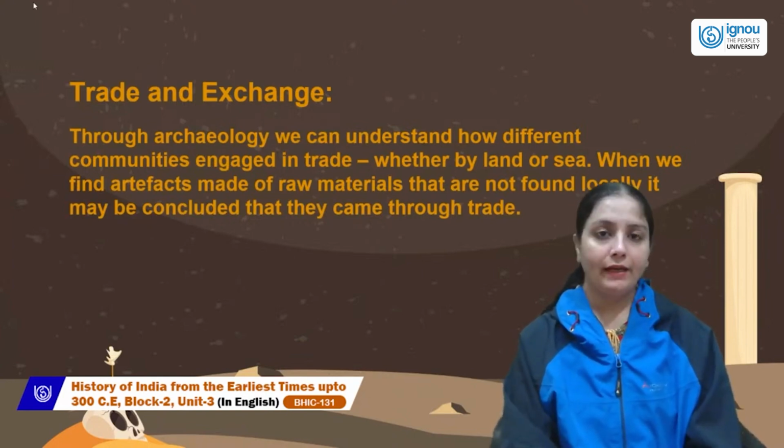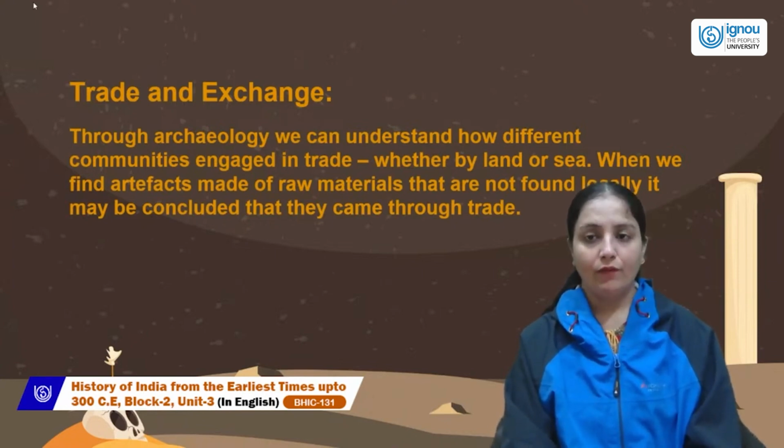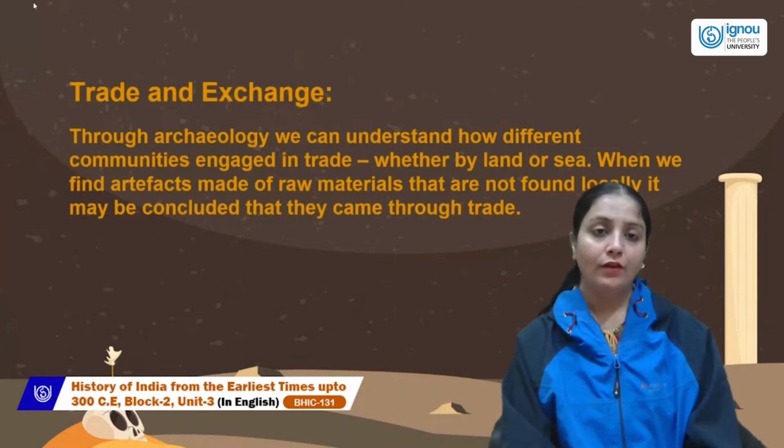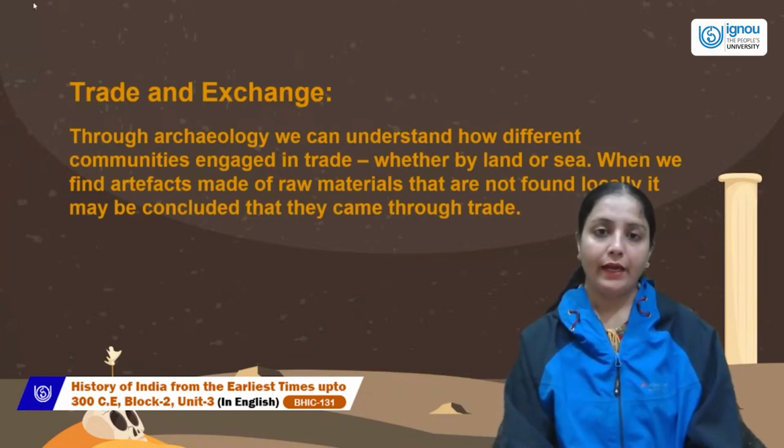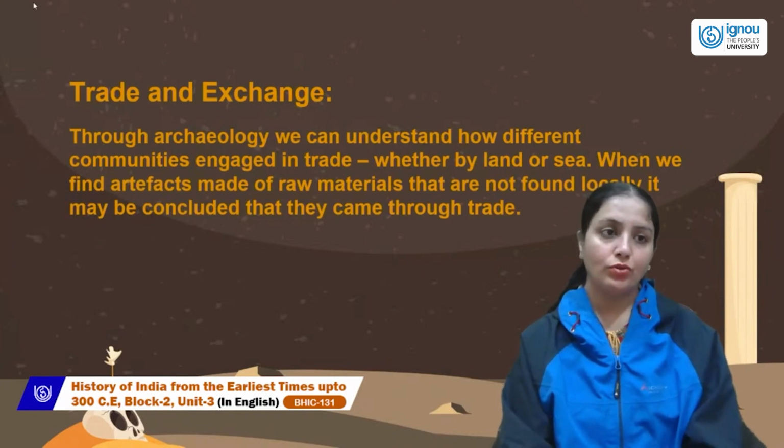And in trade and exchange, we come to know about the exchange method. The exchange method means what they were using at that time, the barter system. Barter system means the things which they used to give to others, and in gain they used to take other things.